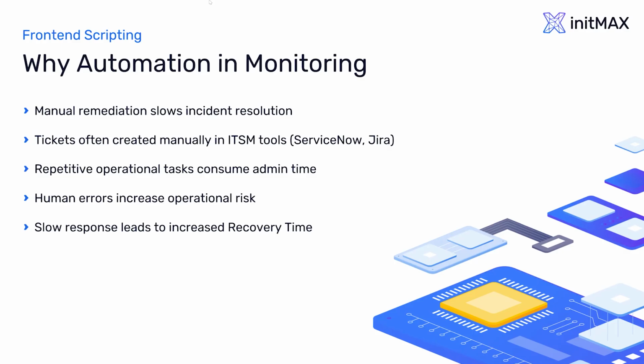Human errors increase operational risks. Of course, it depends on the company, the policy, the culture, but overall, in high performing environments and high performing companies, the biggest issue that might happen is human error. And the more operations the human is doing, like creating a ticket or running some sort of commands.